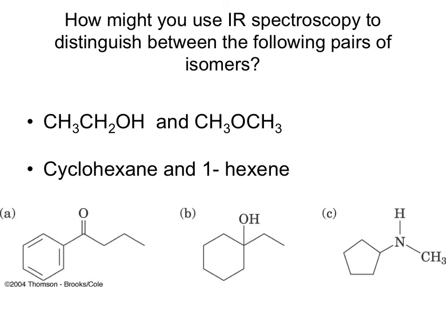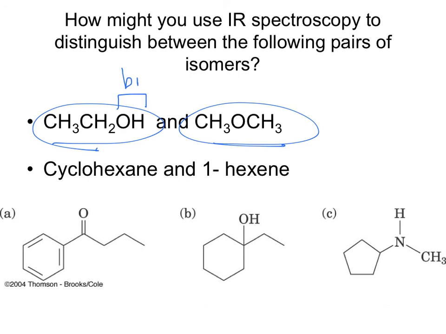How might you use IR spectroscopy to distinguish between the following pairs of isomers? So you have an alcohol, you have an ether. Hopefully you can see that there will be a broad peak for the OH, there will be a free methyl group at the 2850, 3300, and there will be a 2900 for the CH2.